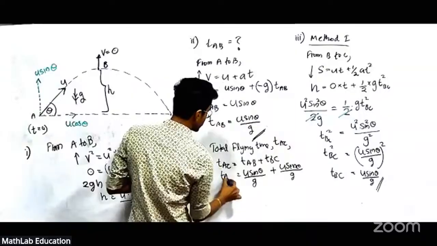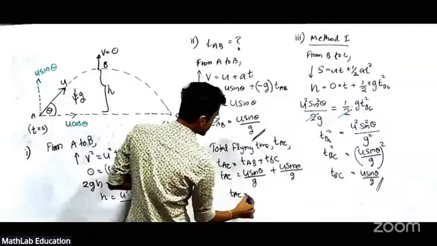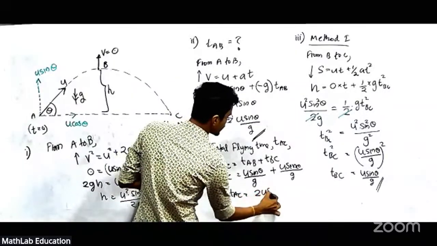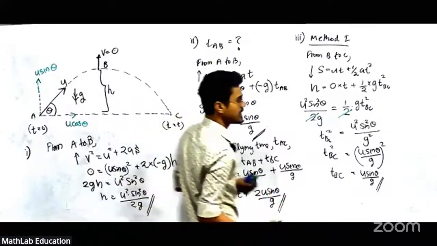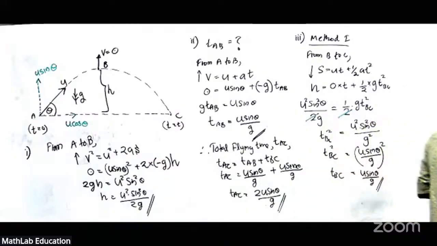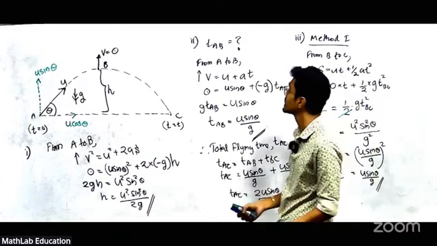Which means t AC equals 2u sin theta over g. So the final answer is 2u sin theta over g, and this is method 1.